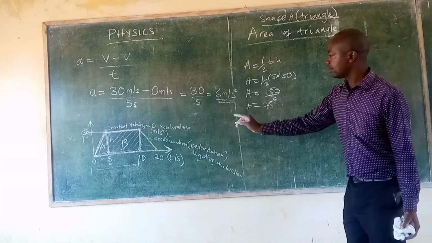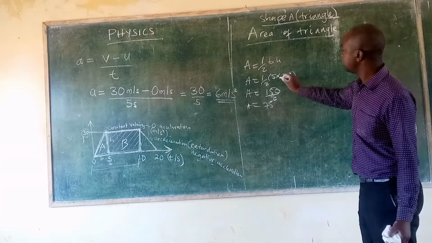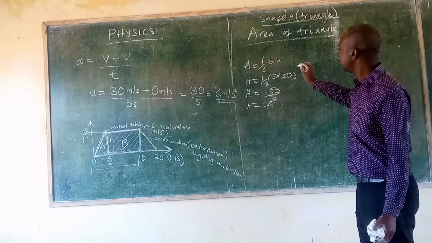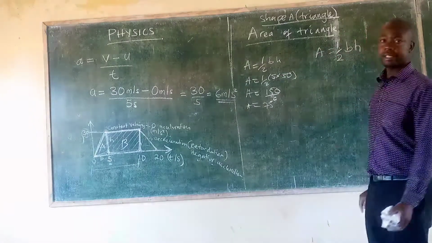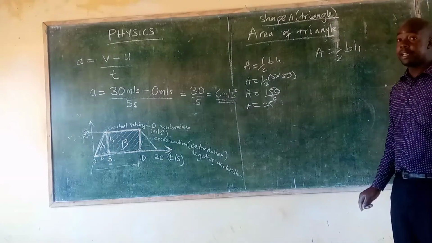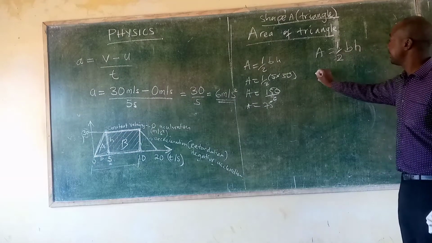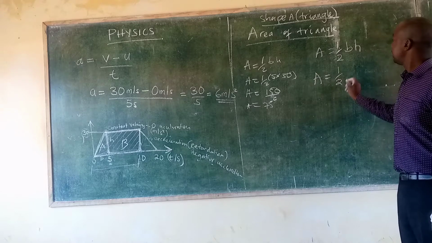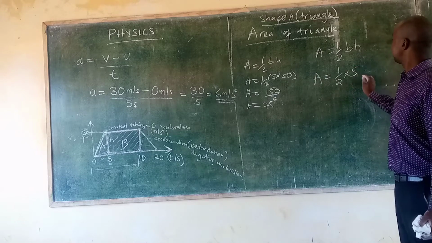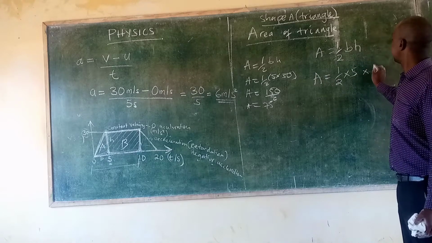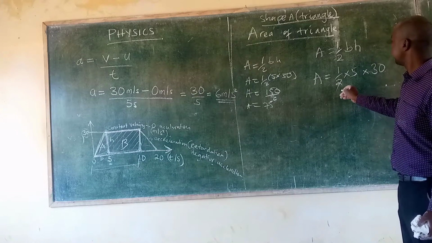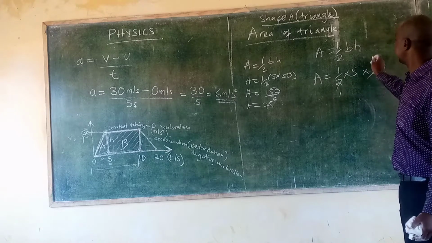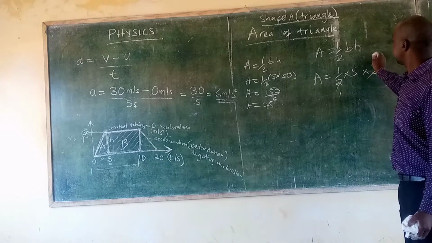So the base is from 0 to 5, it's 5. This is the 5 that is here. Area is equal to half BH. Area of a triangle is equal to half BH. So area is equal to, what's the base? 5 times the height. 8. Okay. 2 there. 15. Is what? 15.